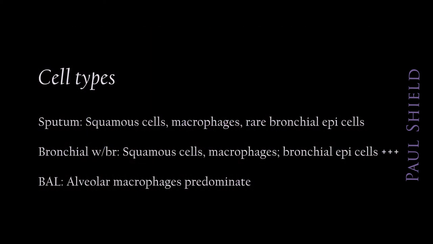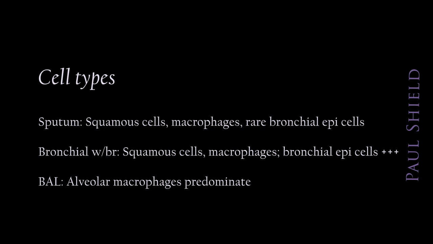And so in summary, in sputum we're sampling the upper airways, so we can have quite a bit of oropharyngeal contamination. Squamous cells, macrophages indicate that it's adequate, and you'll see rare bronchial epithelial cells. In bronchial brushings, you'll be directly sampling the lesion, and so you'll see bronchial epithelial cells and maybe tumour cells if it's a malignancy.